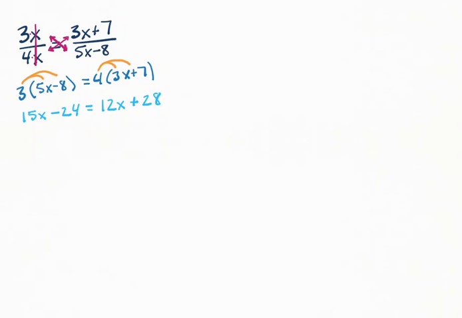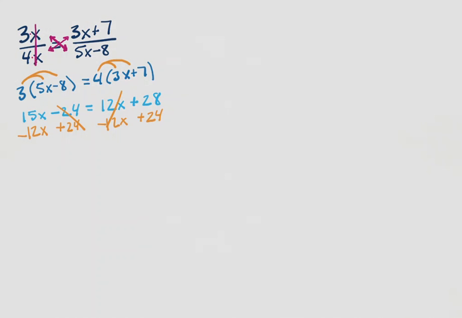I'm going to subtract 12x from both sides. It's the addition property of equality, or subtraction property of equality. That's going to get rid of all the x's on the right-hand side. And since I'm going to do that, I might as well get rid of all the non-x's on the left-hand side. So there's a minus 24 there. I'm going to add 24 so that I get all of my numbers without x's on the right-hand side.